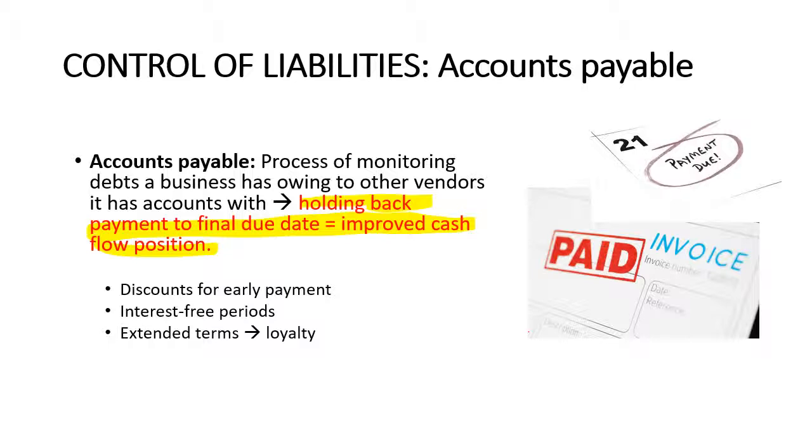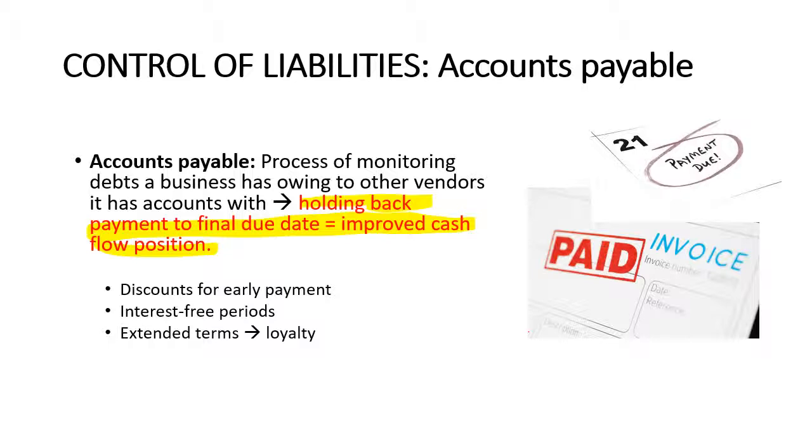And the last one is extended terms, and that's through loyalty. So if I'm a loyal customer to a certain supplier of mine, instead of giving 3 months to pay my accounts payable or my invoices, they might give me 6 months.